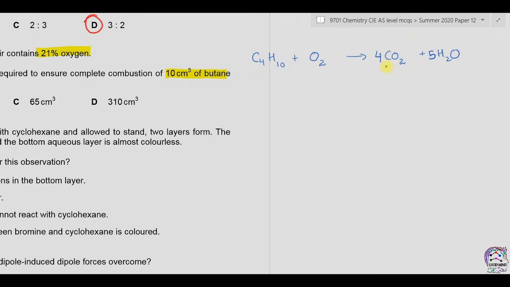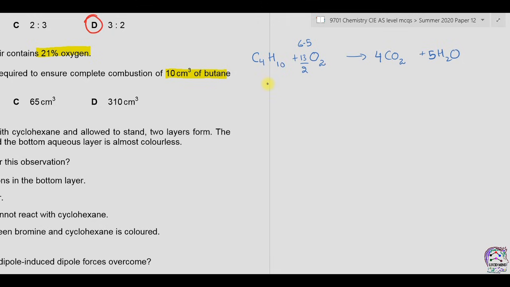In the products, we have 8 oxygen atoms in carbon dioxide and 5 in water molecules. So in total we have 13 atoms of oxygen. In order to balance oxygen, we can write 13 by 2, or we can also write 6.5 moles for oxygen.